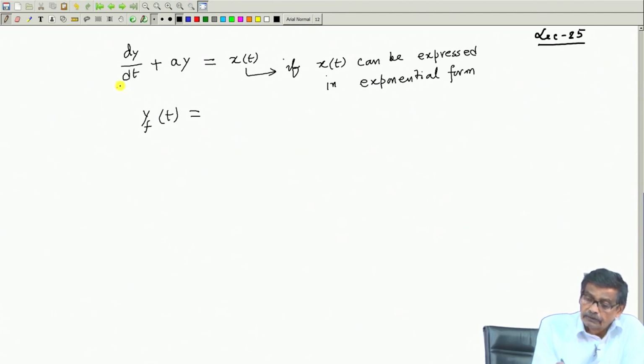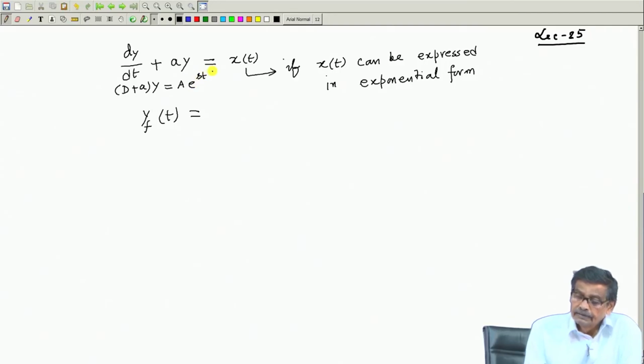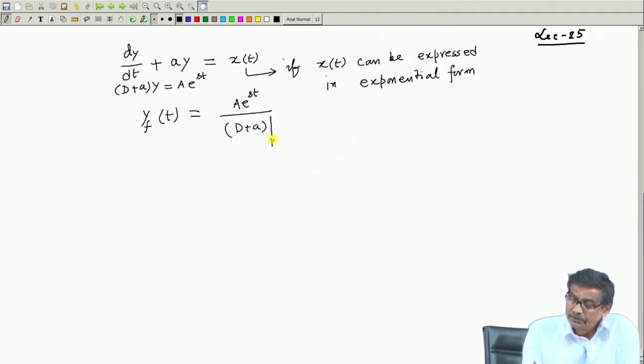So it is nothing but (D plus a) into y equal to, suppose, some A into e to the power s t. Then y_f(t) will be simply this input, e to the power s t, divided by this D plus a, but D is equal to s.